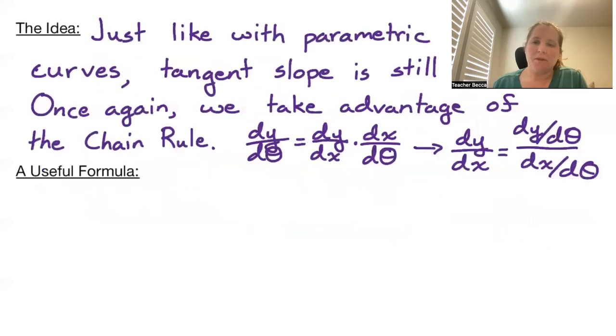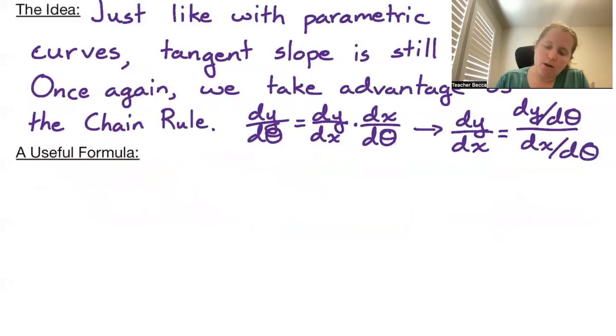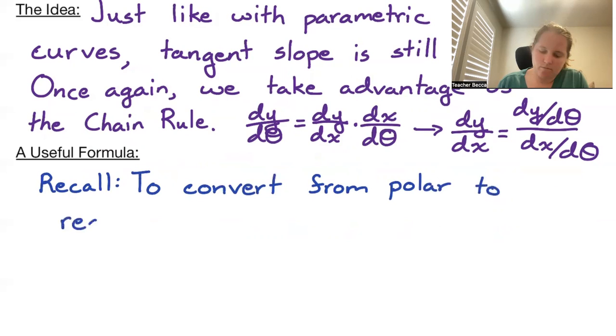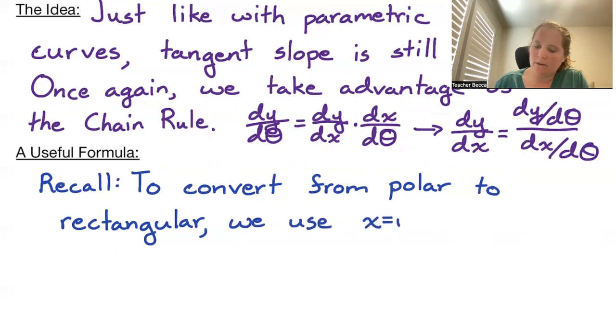So we have a little useful formula. Recall, to convert from polar to rectangular, we use x is equal to r cosine theta and y is equal to r sine of theta.